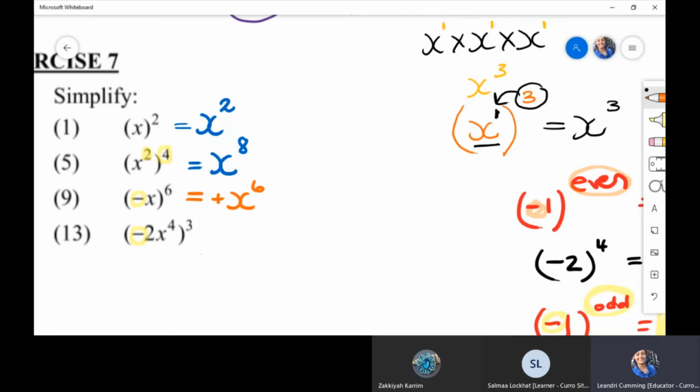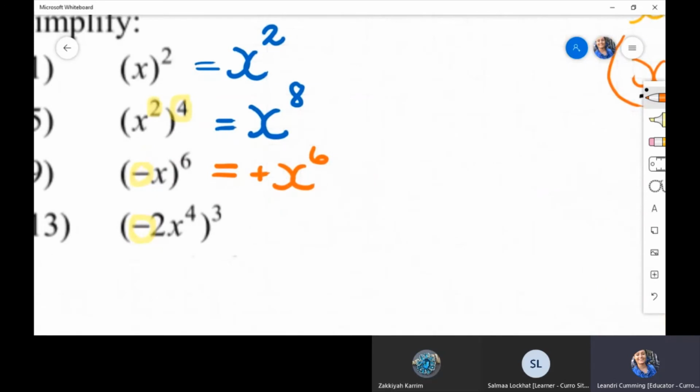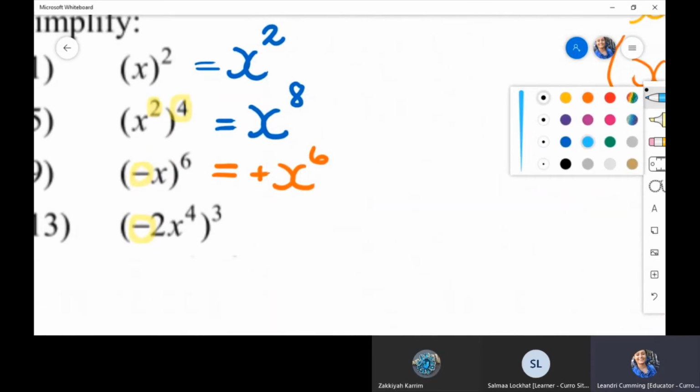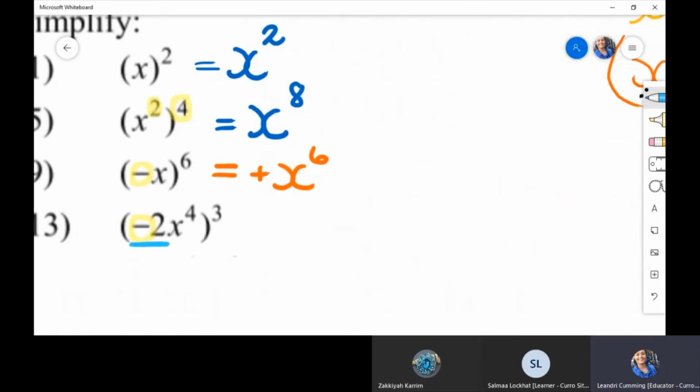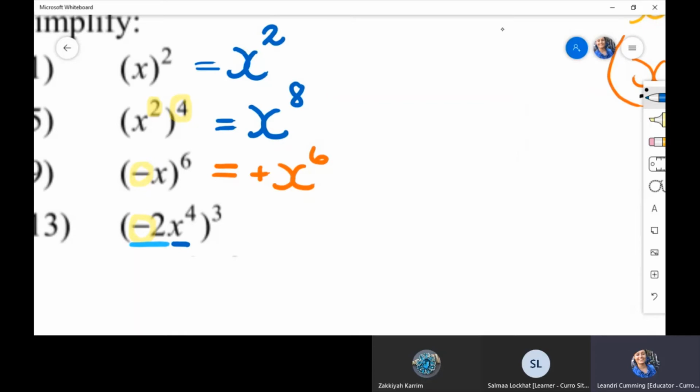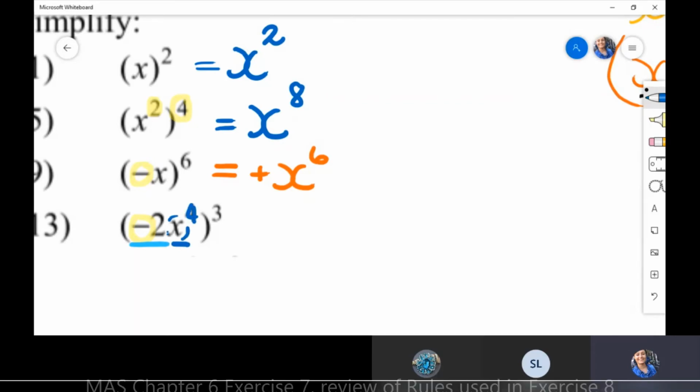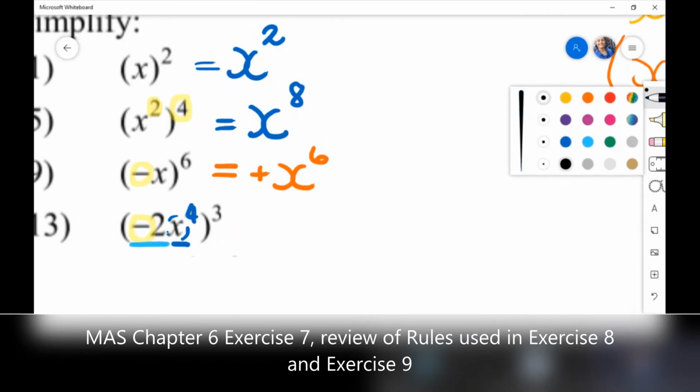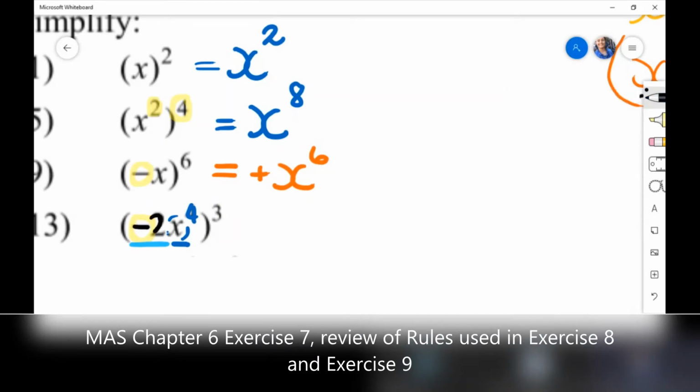Now let's look at this one here, number 13. A little bit more happening in my bracket. I have a base, and I have a base here as well. So this is x carrying the power of 4, but what I have is also a negative 2 carrying a power of 1.